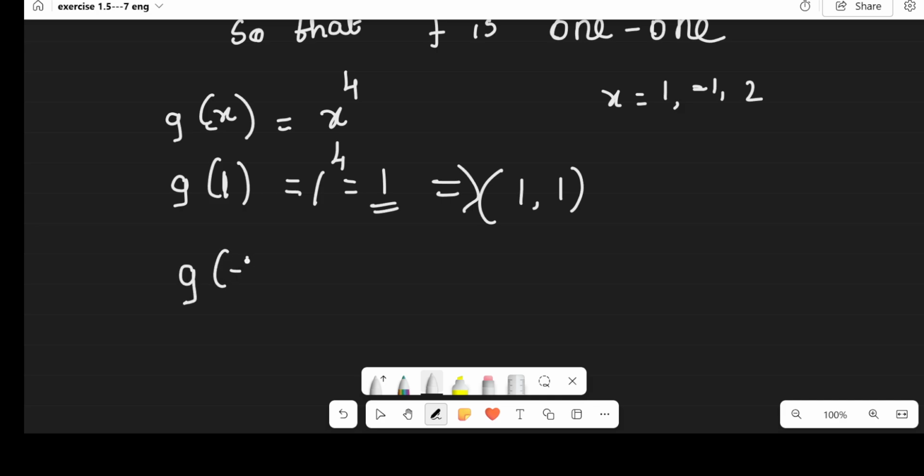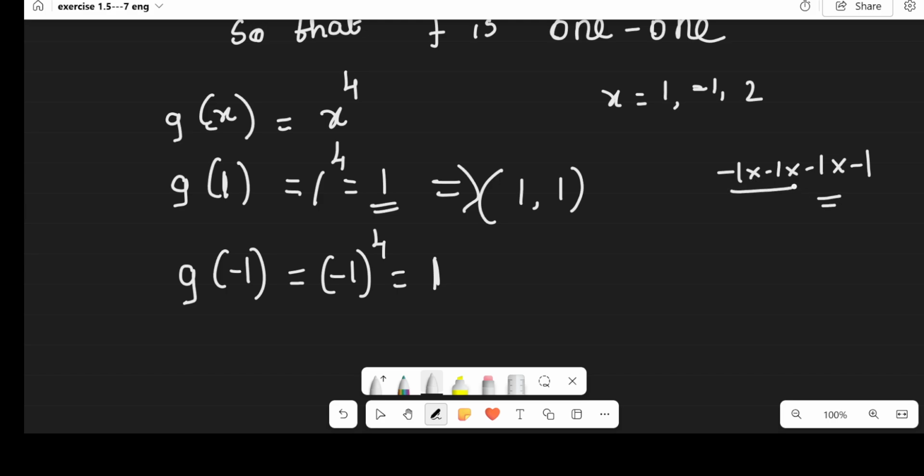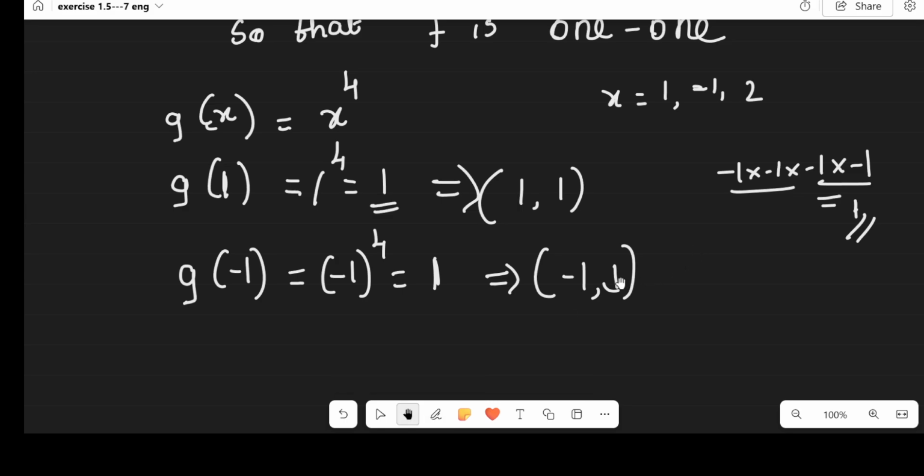And then I am giving minus 1. So, minus 1 power 4 means answer plus 1, right? Minus 1 into minus 1 into minus 1 into minus 1, plus plus. So we are getting plus 1. So the point is minus 1 comma 1, right? Here I am getting the same output again.